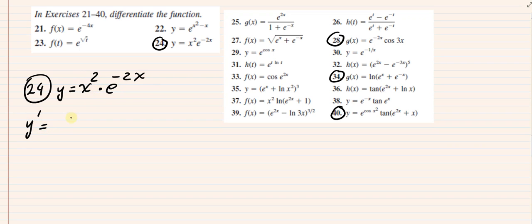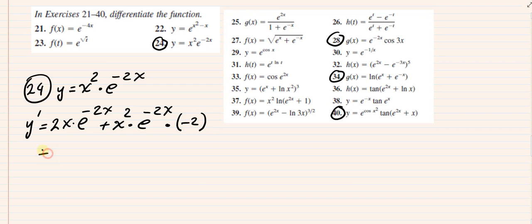We've got a product, so you're going to use the product rule here, so that's going to be 2x e to negative 2x plus x squared times the derivative of e to negative 2x. Remember, the derivative of e to u is itself, times the chain rule, the derivative of the function of x, which is negative 2x in this case, whose derivative is negative 2.